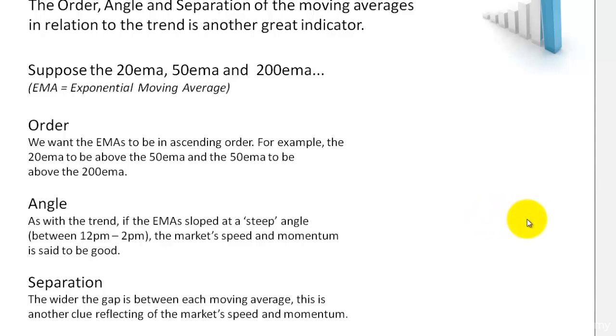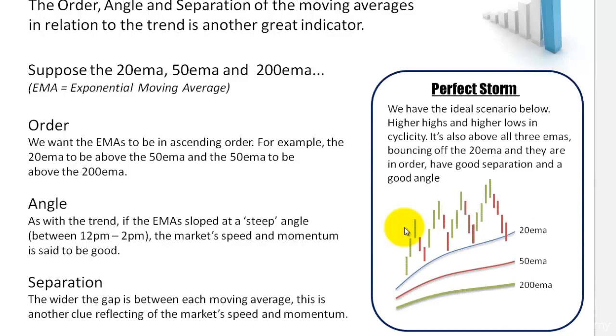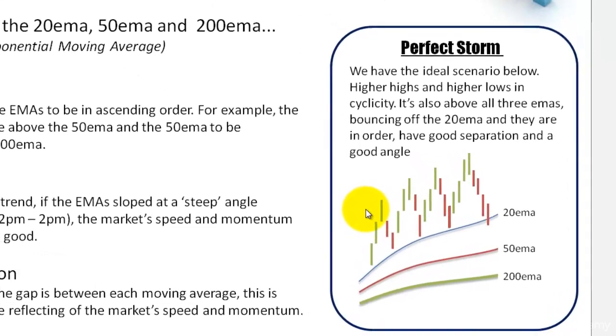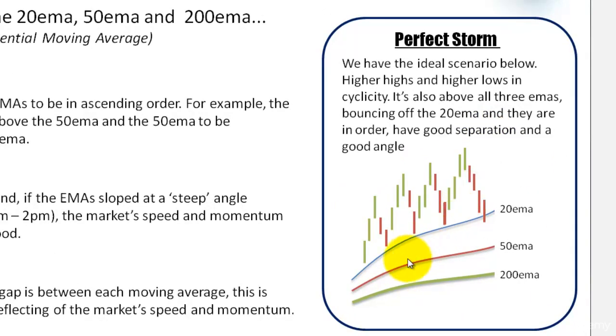The order, angle, and separation of them are pretty important. So what we want in an upward trend, where we've got higher highs and higher lows, and we're looking to buy off the back of the next pullback, is the 20 moving average to be above the 50, to be above the 200, like so.